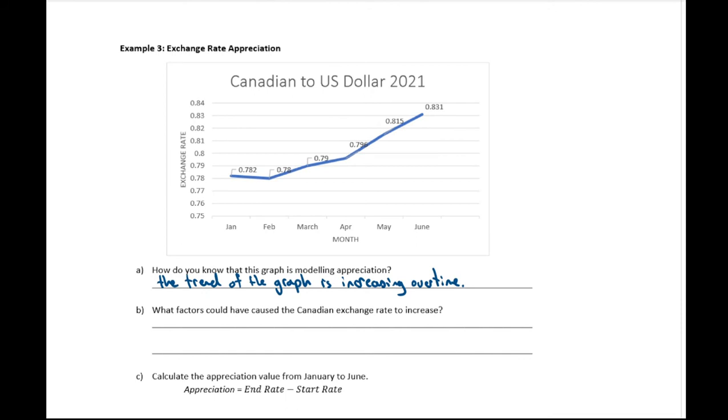Right, so we can see that our graph is increasing over time. It may not be linear or maybe not quite non-linear, but we do see it increasing over time. So that's enough to say we're talking about appreciation.